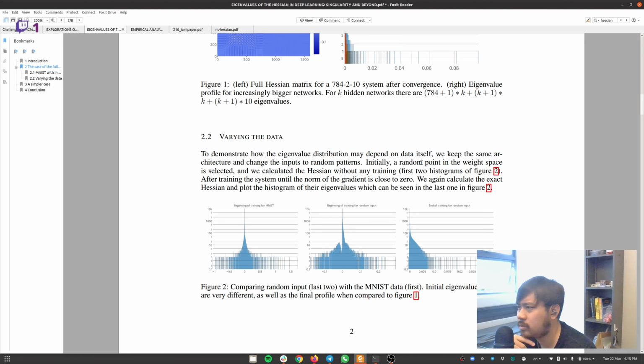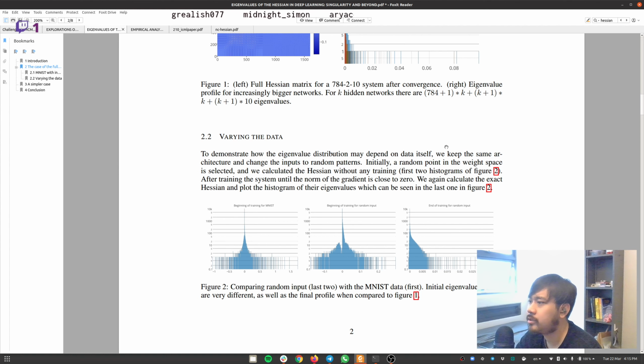What do you mean by random point? Like you random how? After training the system until the norm of the gradient is close to 0, we again calculate the exact Hessian and plot, which can be seen at the last figure. Varying the data.